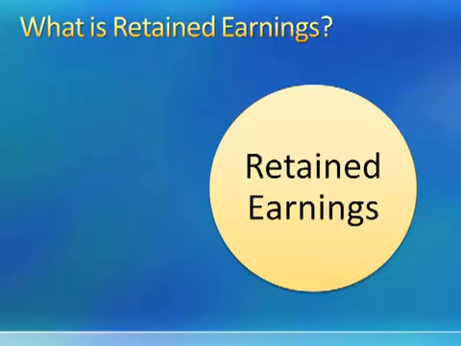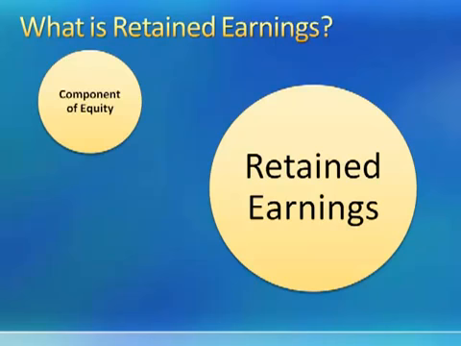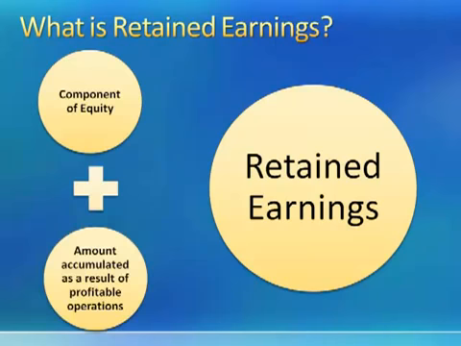Next, we have retained earnings. Retained earnings is also a component of equity, and it represents the amount accumulated as a result of profitable operations. So the piece of owner's equity that represents the amount accumulated as a result of profitable operations is equal to retained earnings.